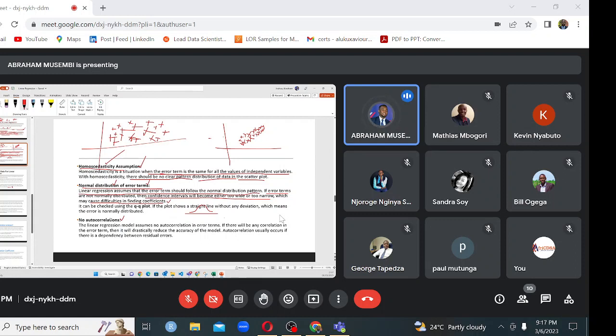The error should not be autocorrelated. So the linear regression model assumes no autocorrelation in error terms.